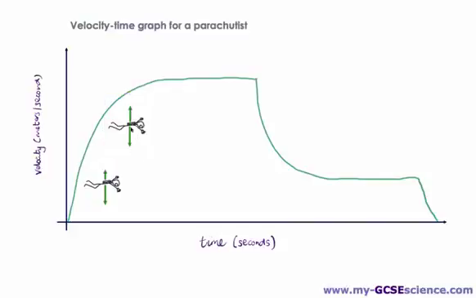The second one, the upward force has increased because air resistance has increased, but over here for the flat part, the upward force of air resistance and the weight are equal, they're balanced, so the person goes at steady speed. The resultant force is 0, the person falls at a steady speed, and over here is when the parachute opens, and you can see a much larger upward force due to the air resistance of the parachute, and the parachutist then slows down.